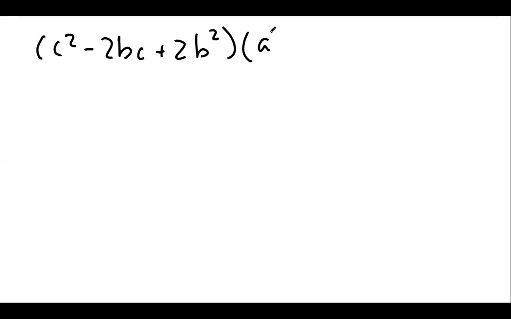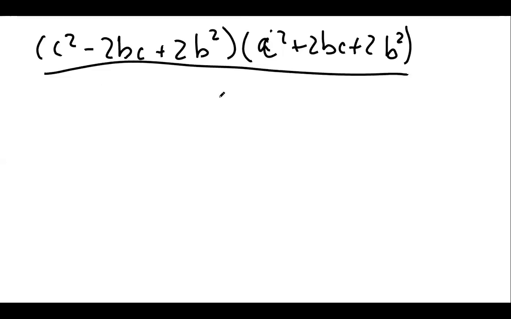All right, so we can factor c to the 4 plus 4b to the 4 into c squared minus 2bc plus 2b squared times c squared plus 2bc plus 2b squared.